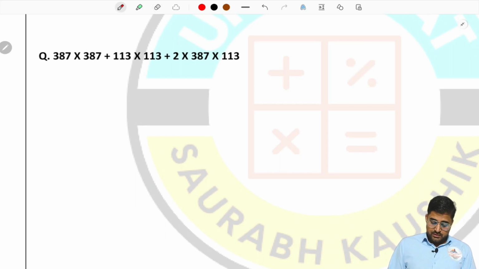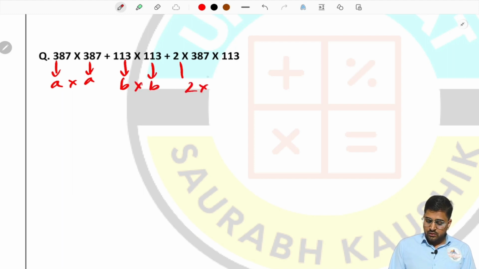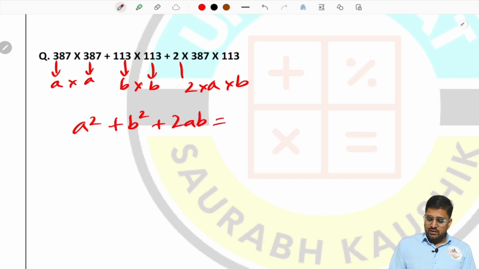What this question says is, basically, a into a, b into b, and 2 into a into b. What does that stand for? It's a square plus b square plus 2ab. What does that mean?